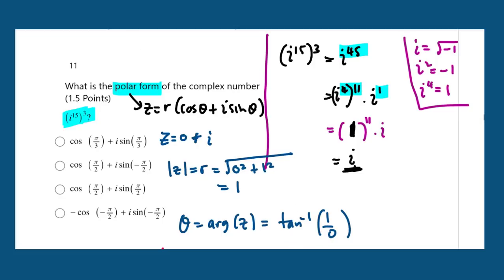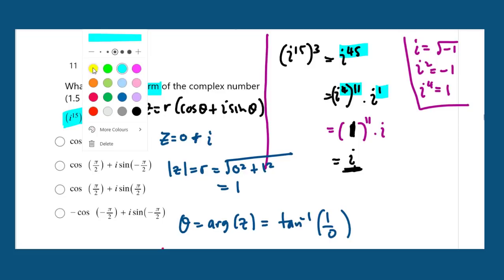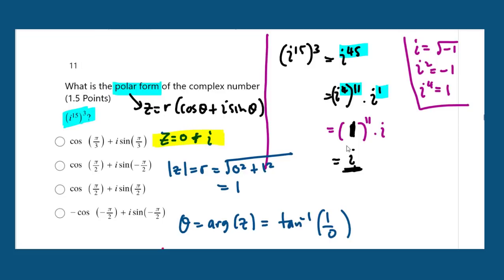So look at this: z, you get only i. Let's change to an Argand diagram. z is equal to i means this line is a vertical line. Theta from this Argand diagram is equal to pi over 2. So we can say this one is pi over 2.